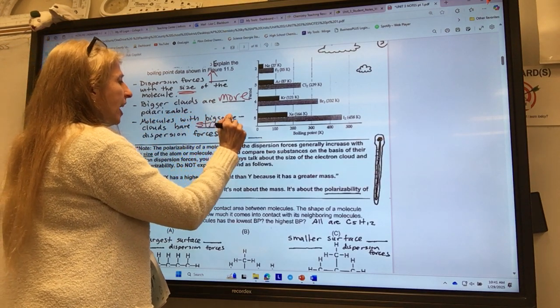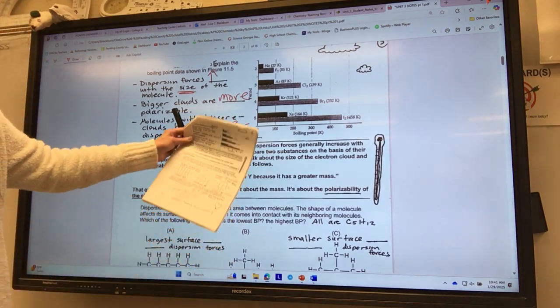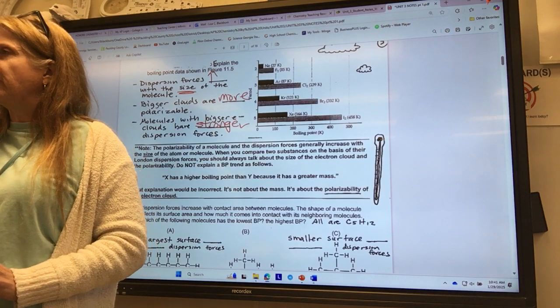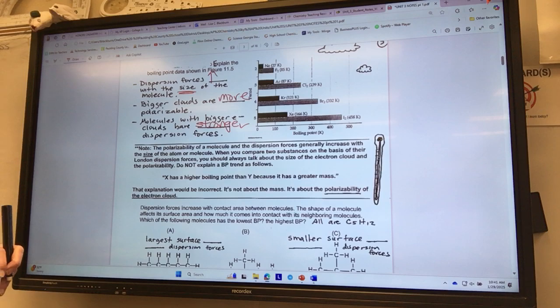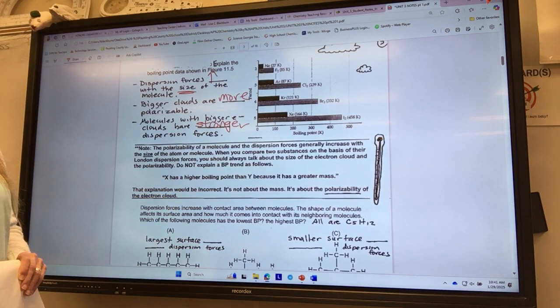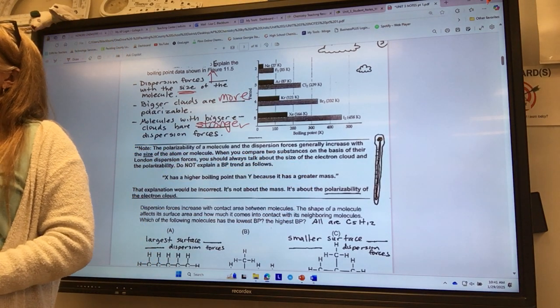So a lot on the AP test, you have to write these explanations. So these are some buzzwords that you could use in explaining one of these questions. Okay, notice this would be wrong. X has a higher boiling point than Y because of its mass. Is this about how heavy it is?